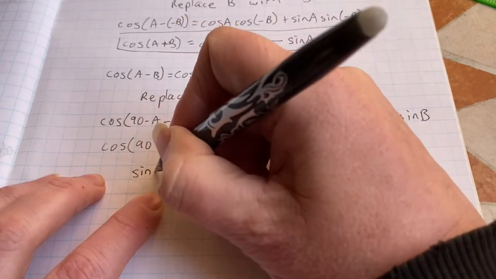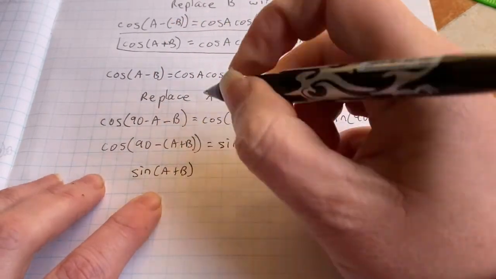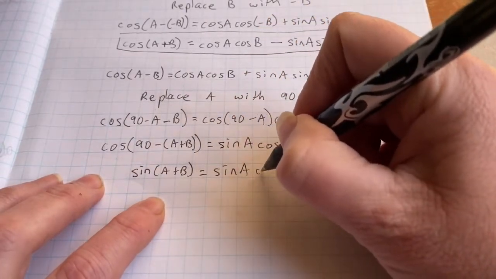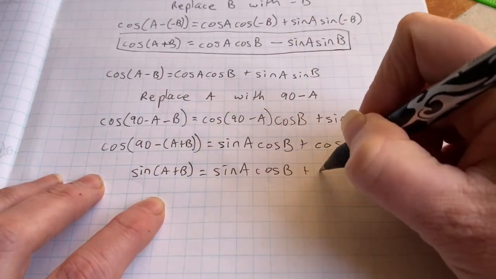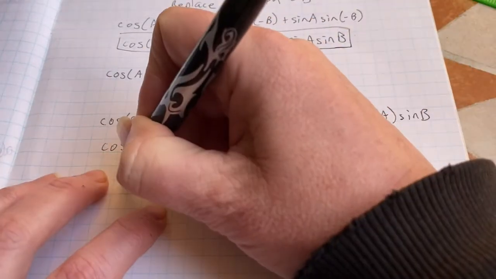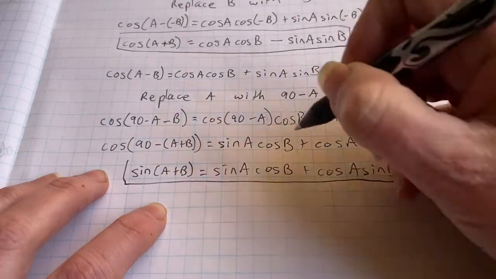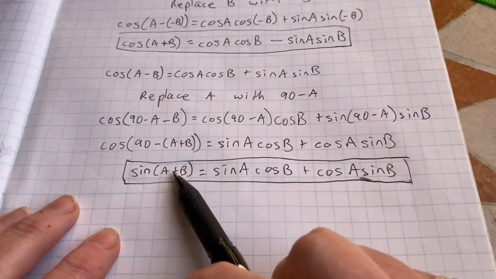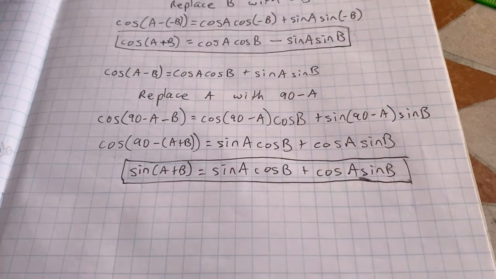So that's sine(A plus B) equals sine A cos B plus cos A sine B. And that's that first formula that is on the reference sheet. That's the sine angle sum formula.